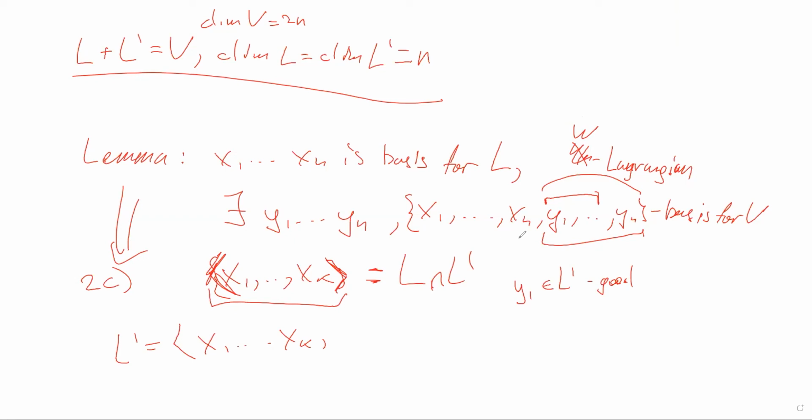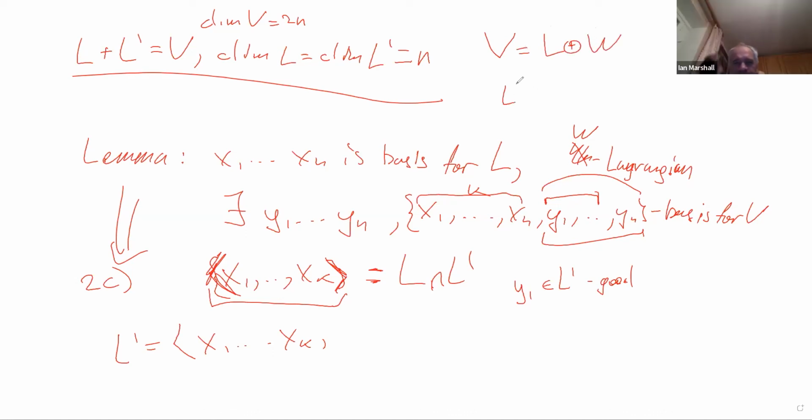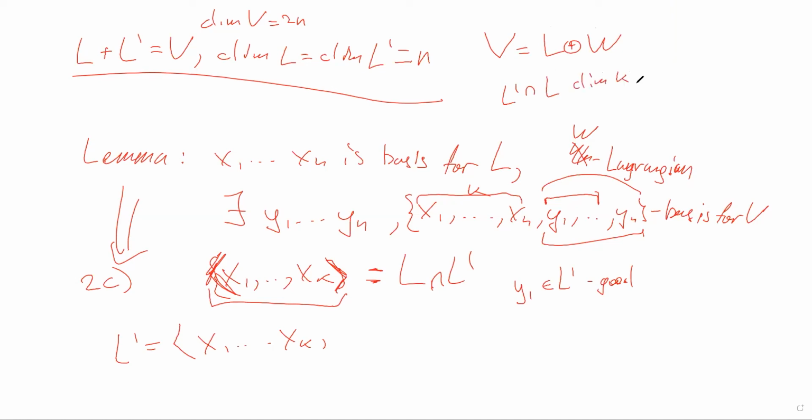So there is a basis for V that consists of vectors from two Lagrangian spaces. If the dimension here is k, let me write V equals L plus double V. And now L prime cap L has dim k.